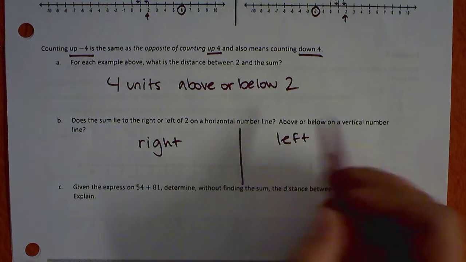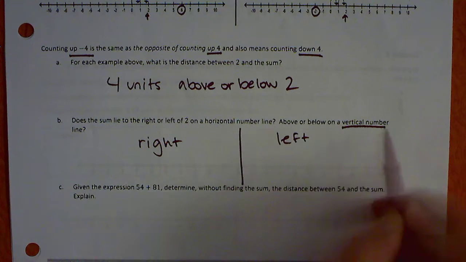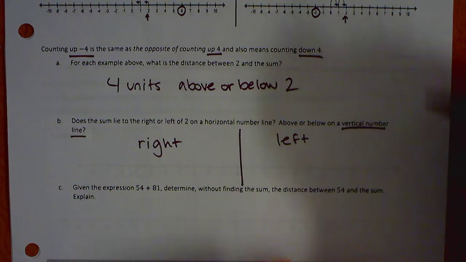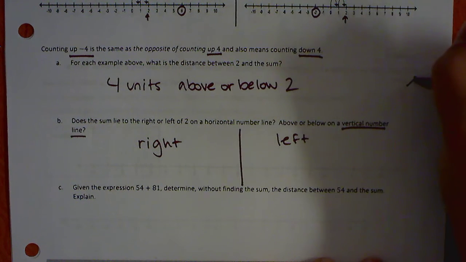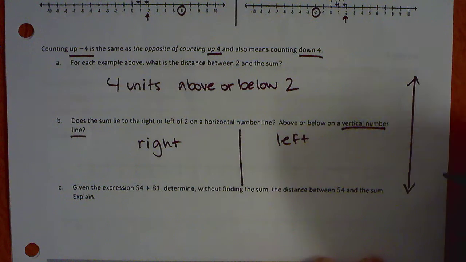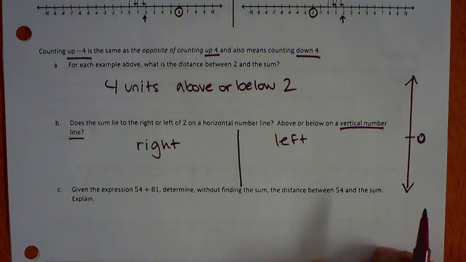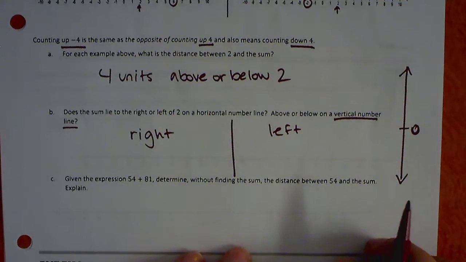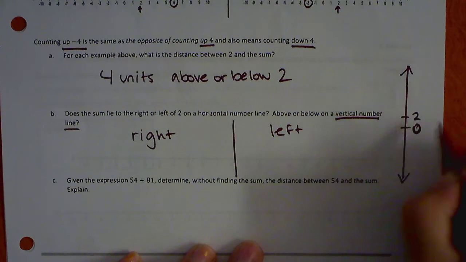And then it asks us above or below on a vertical number line. We're going to start working with vertical number lines today. Vertical means up and down. So if I were to draw a vertical number line and start at 0, I know that when I did 2 plus 4 equals 6, I go up to 2.